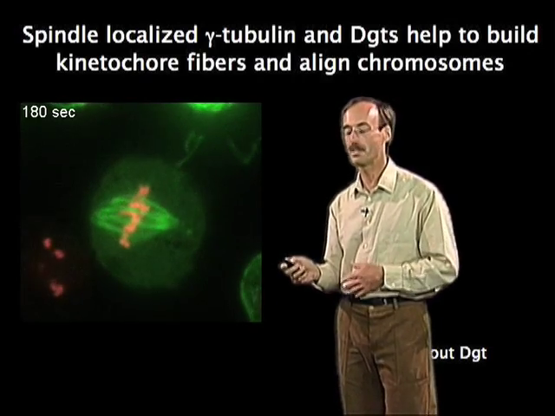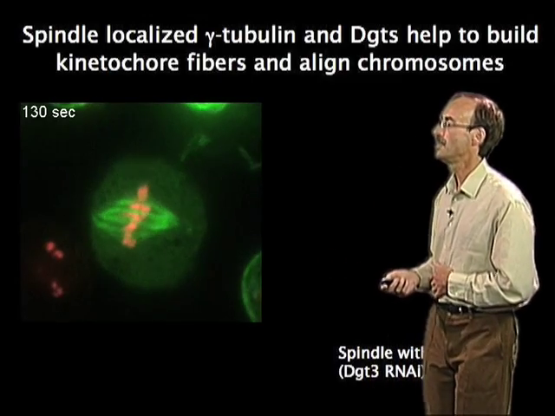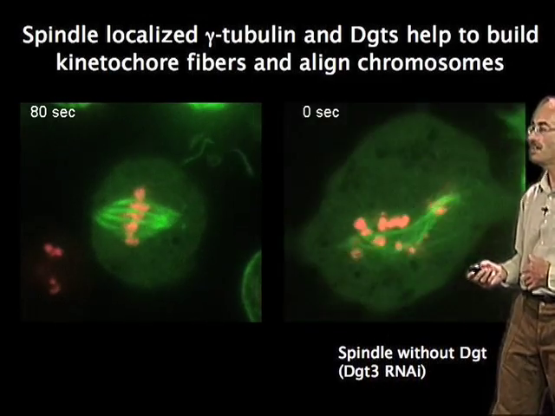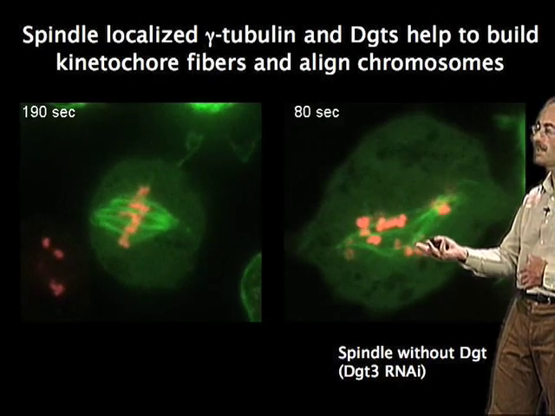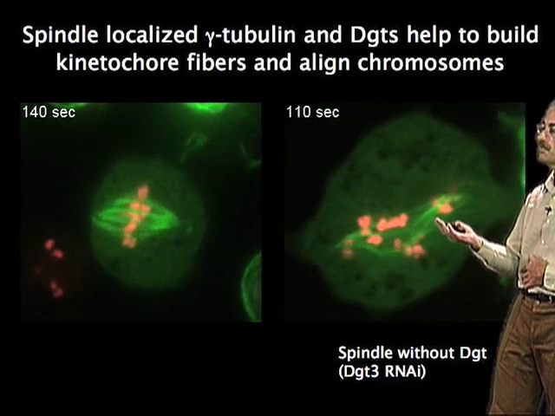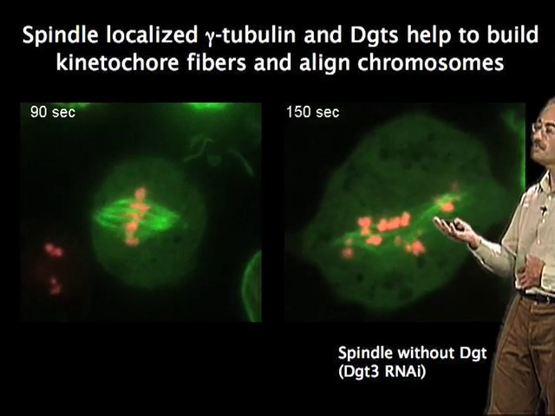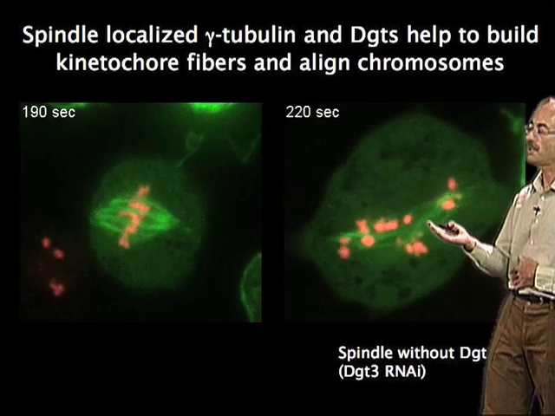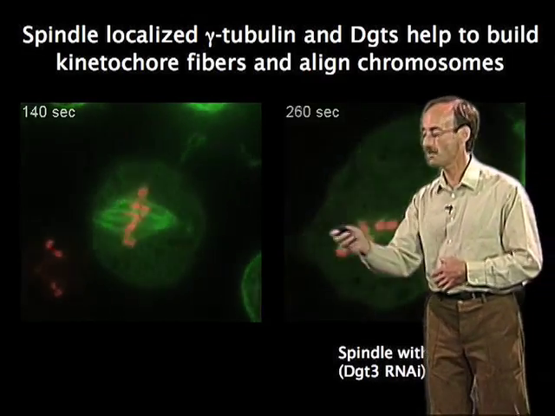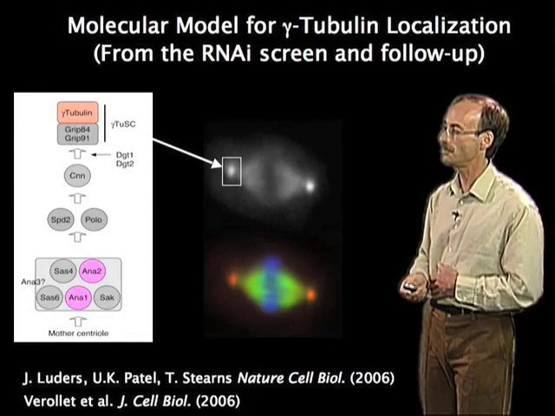It's unable to localize gamma-tubulin to the spindle. And what you see here is that the spindle is very much perturbed. The chromosomes are misaligned. The spindle microtubules are very weak. And this is a very abnormal spindle indeed, and quite different from this other wild-type cell.